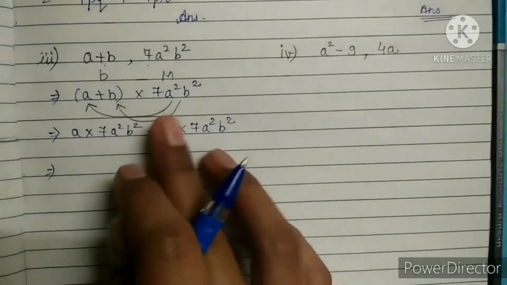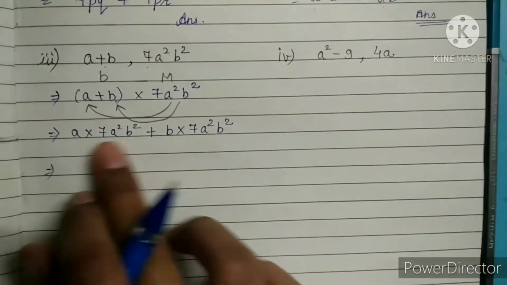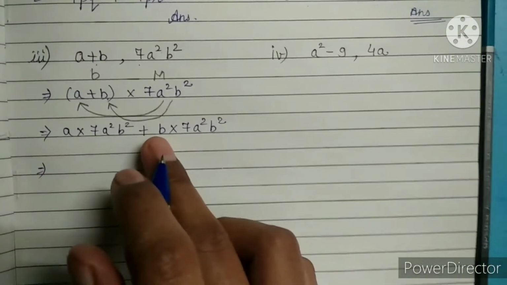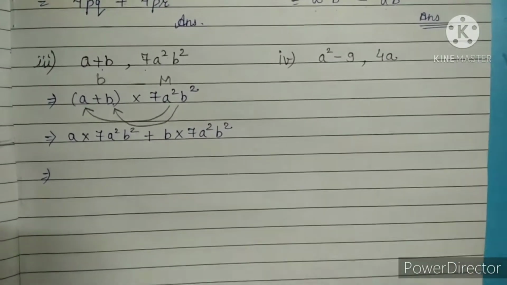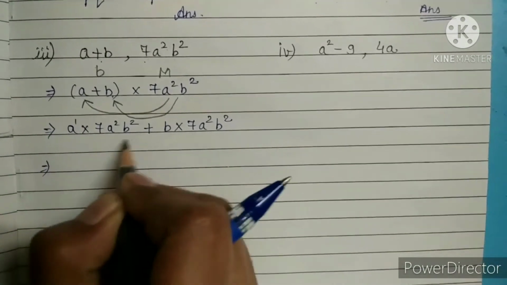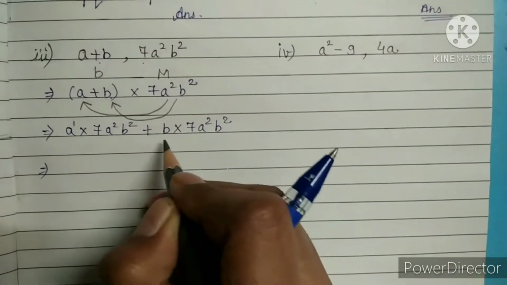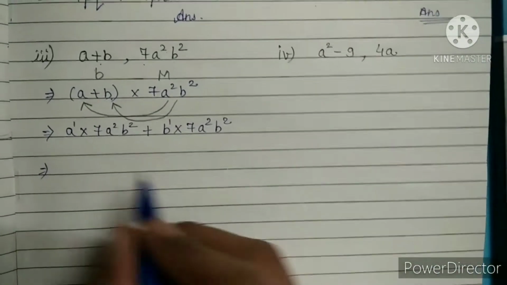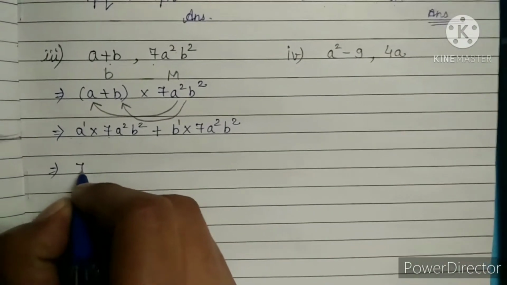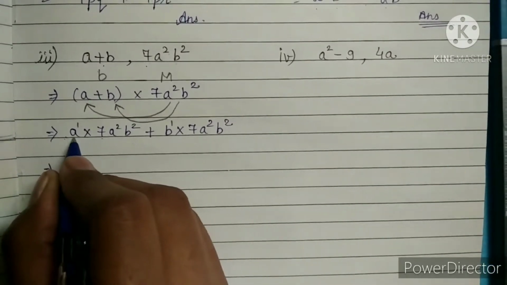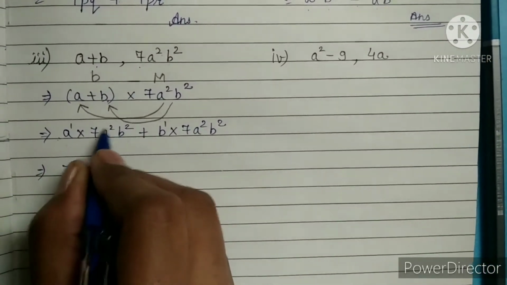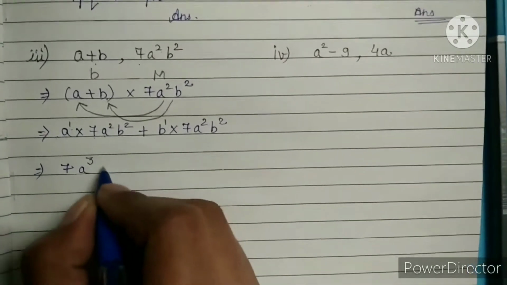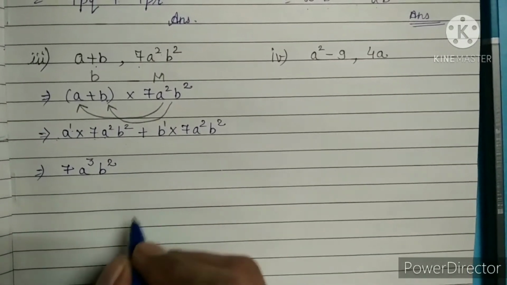Now you can see in the first term we have a and in the second term we have b. So a's power will add at the first stage, in the second stage b's power will add to each other. 7 1 is 7 because here 1. a is to power 1, a is to power 2. So 1 plus 2 is 3, b square as it is.